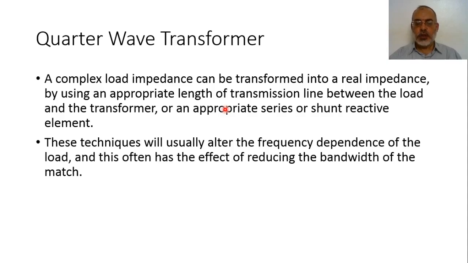So the total bandwidth of the circuit, including the quarter wave transformer and the reactive part, will be small, not because of the transformer, but because of the shunt or series stubs, or because of the transmission line section added to the load.